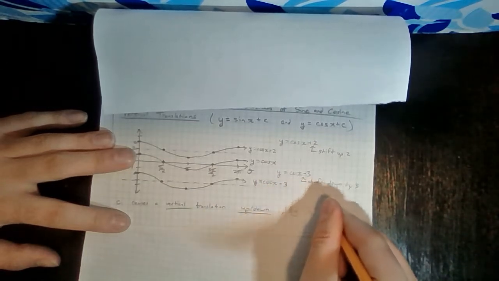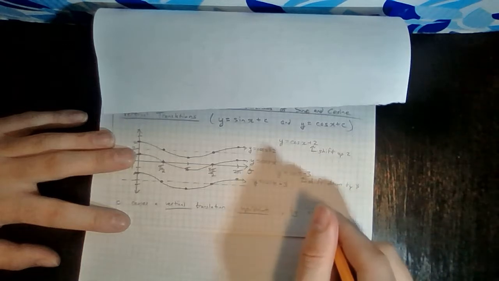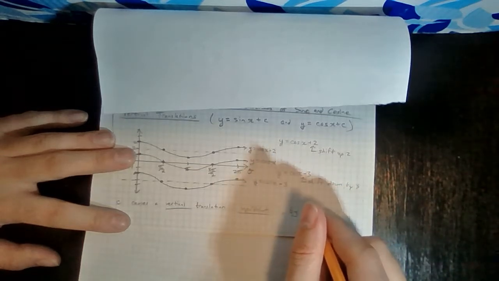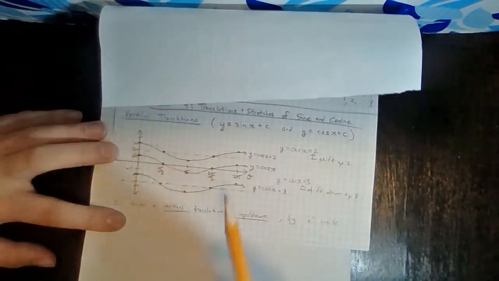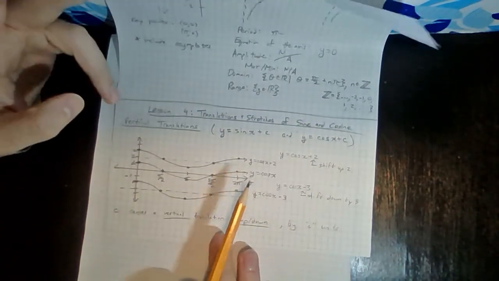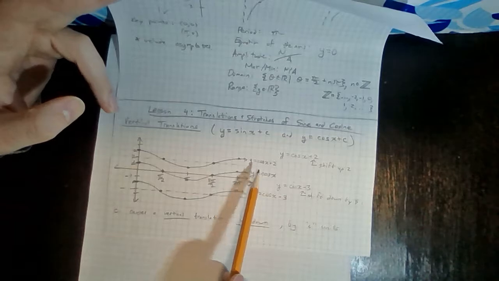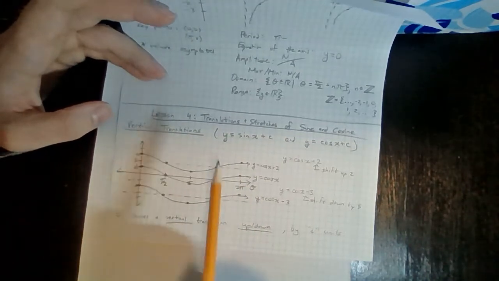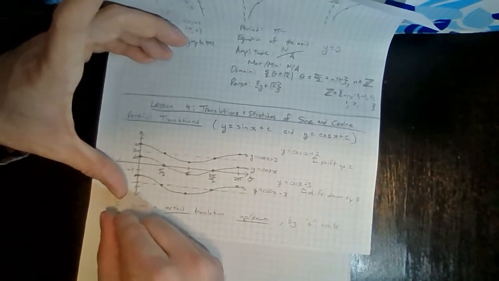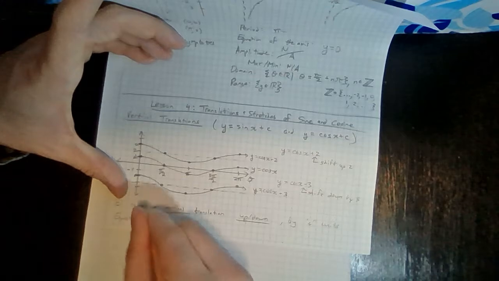Whatever c is, that's how far we're moving up or down. So let's look at what's going to change here. Our period stays the same. Our equation of our axis changes. That's getting shifted up or down.